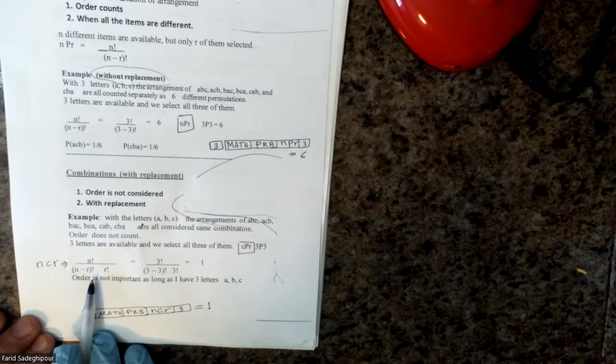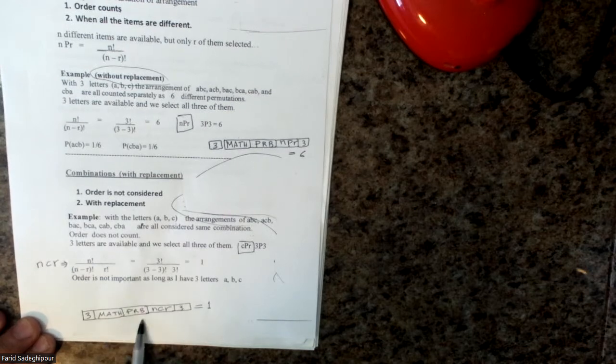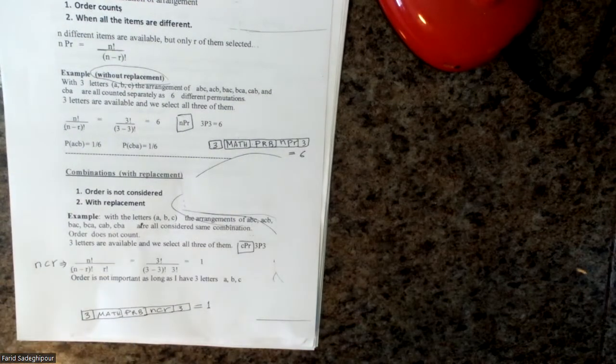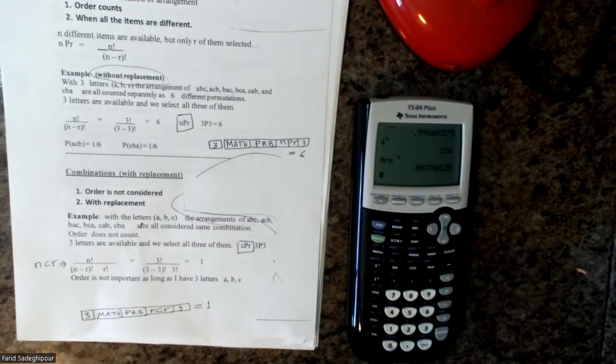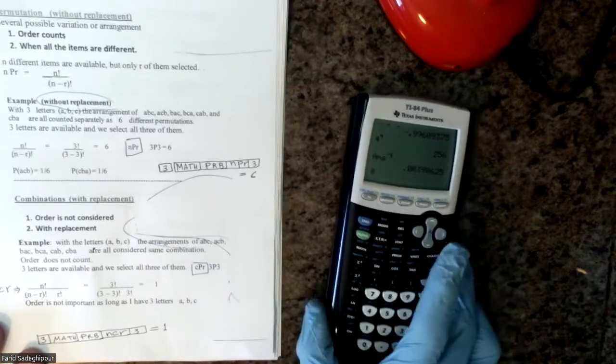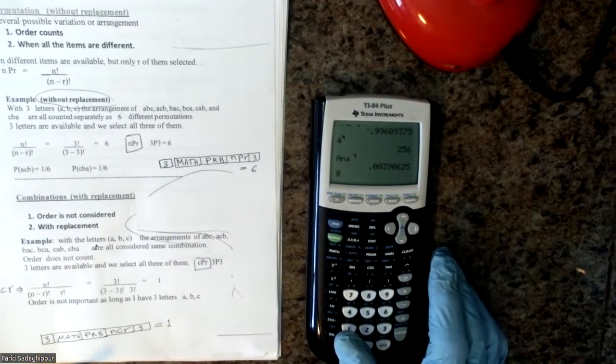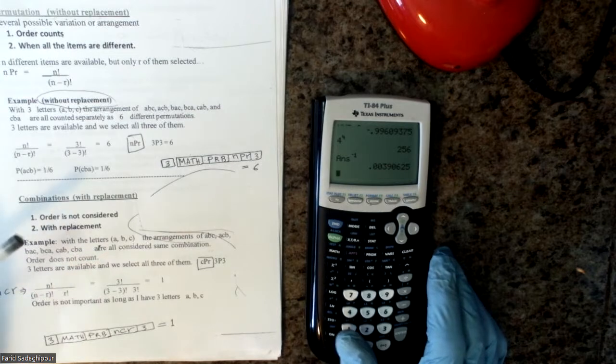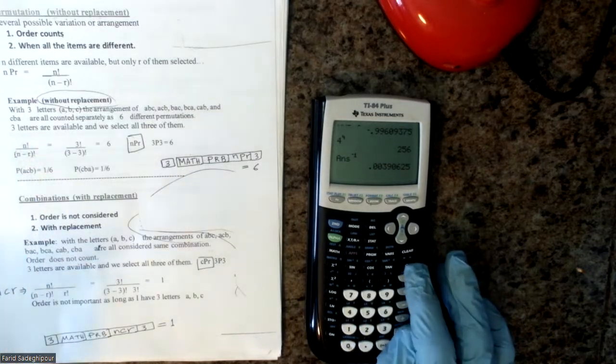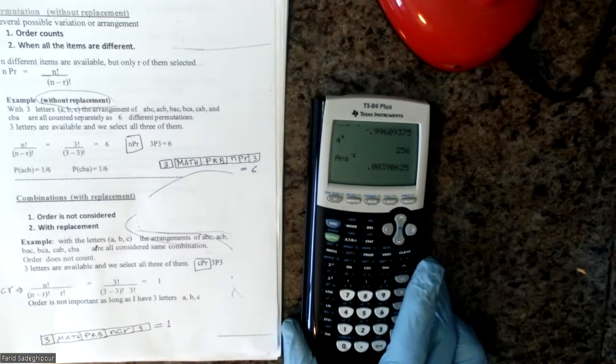So if you want to do the same problems, you type 3 first, and then math, and then PRB and nCr. Let's say I want to do this one first. I want to calculate, r is 3 and n is also 3.